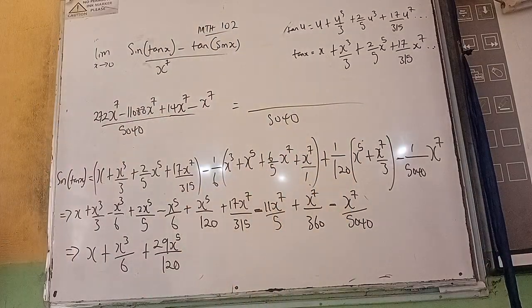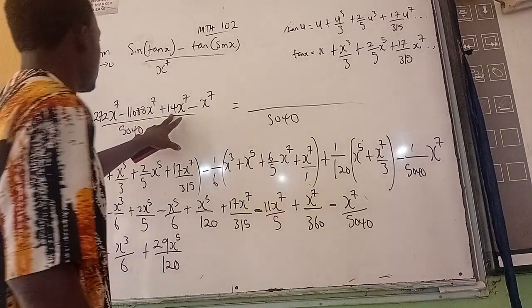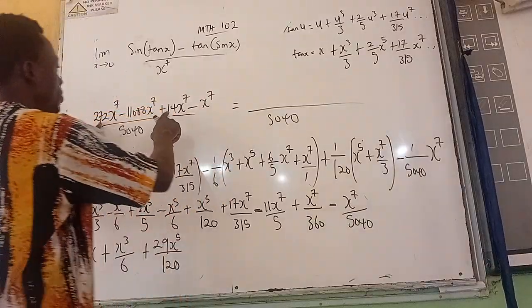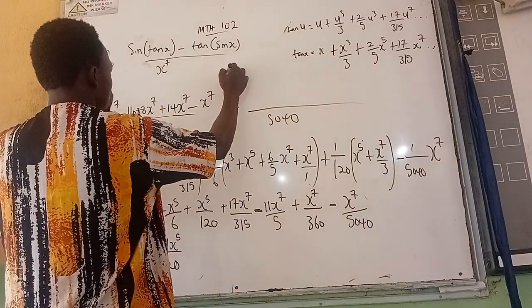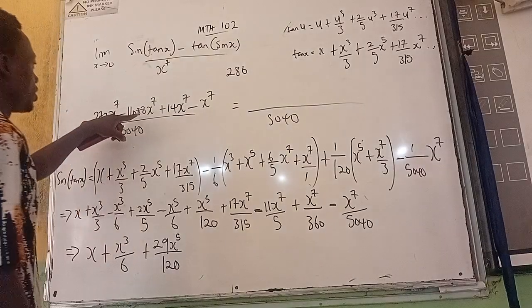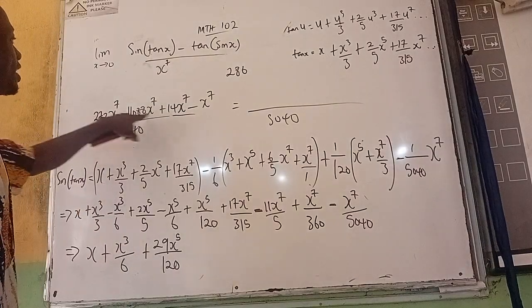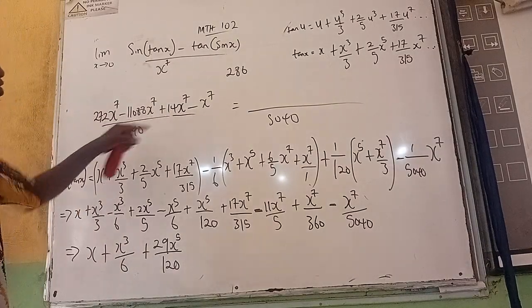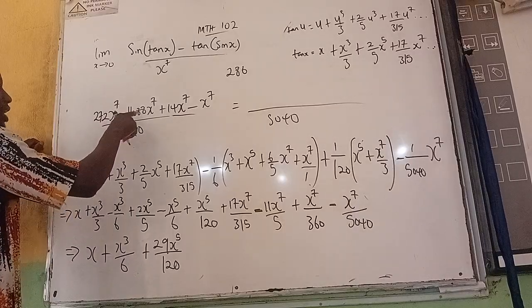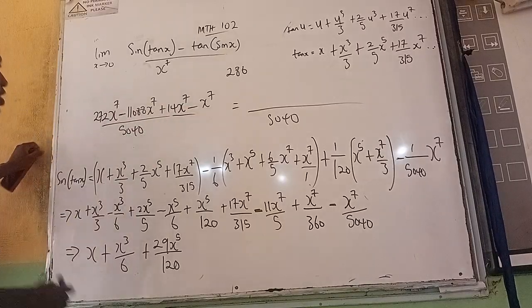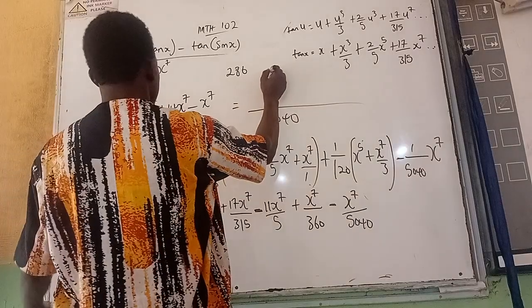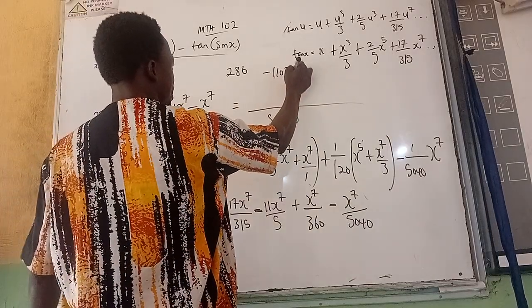Now 272 plus 14 is going to give us 286. And 11,088 minus 1, because they are both minus, so minus this is going to be like addition. Here we are going to have minus 11,089.